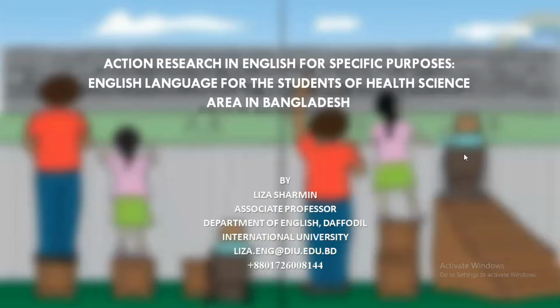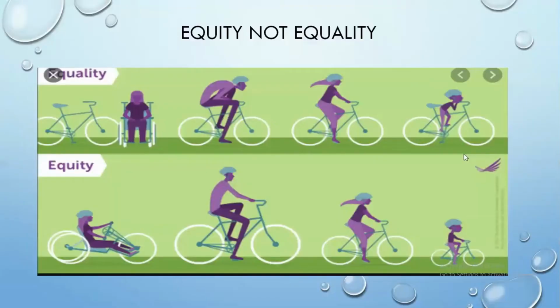The topic of my PhD program is Action Research in English for Specific Purposes, English language for the students of the health science area in Bangladesh. Here there is a pictorial analogy. All the people here are with special needs and demands. A single-sized vehicle doesn't suit everyone.